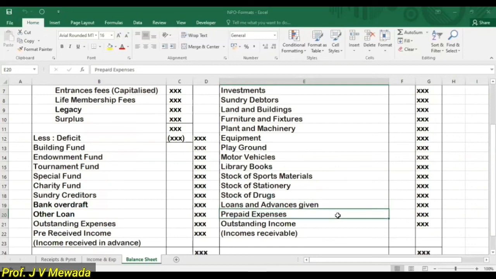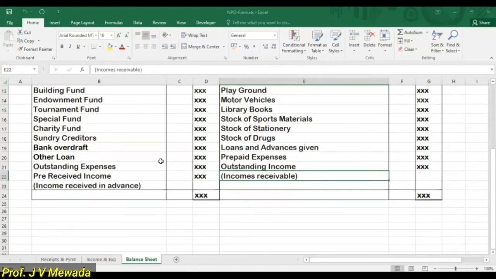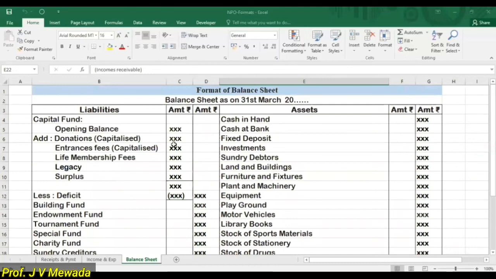Then whatever prepaid expenses are there, we have to show on the asset side, and all outstanding incomes, that is incomes receivable, are shown on the asset side. Okay, so at the end, you know that we are following the double entry system, so the liability side and the asset side of the balance sheet should tally.